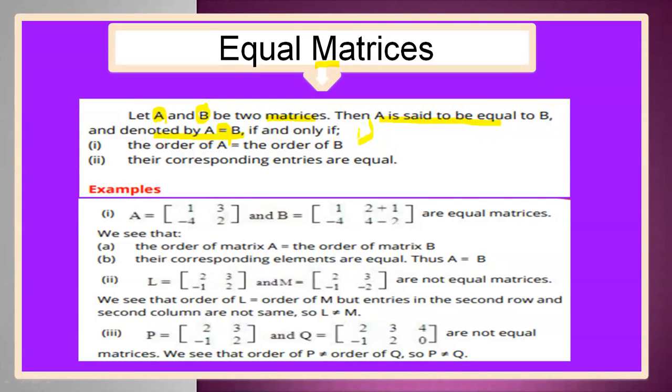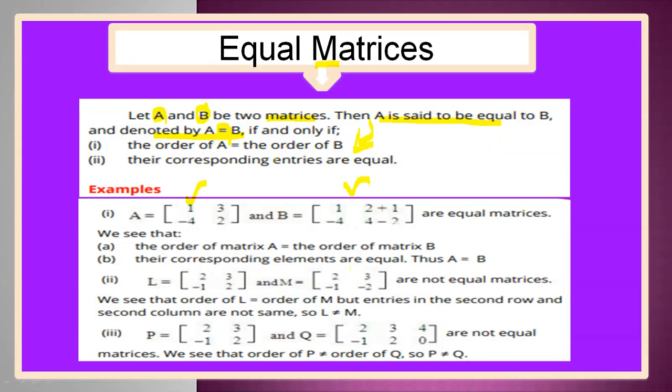Yes, their order should be equal. If it is 2 by 2, the other also has to be a 2 by 2 matrix. The number of rows and the number of columns both will be the same. If there are 3 rows, there should be 3 columns as well. So both will be the same.